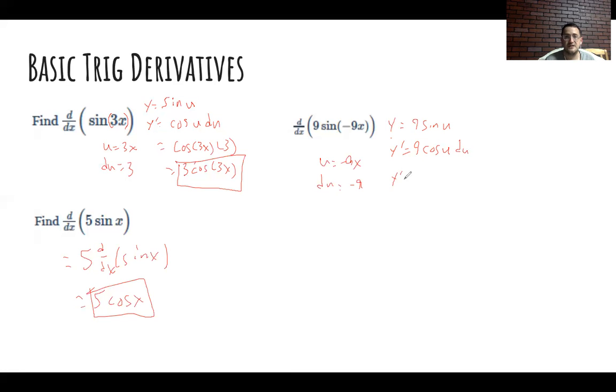So after I put my u in, I get cosine of negative 9x, and then my du is negative 9. Negative 9 times 9 is negative 81 cosine of negative 9x.